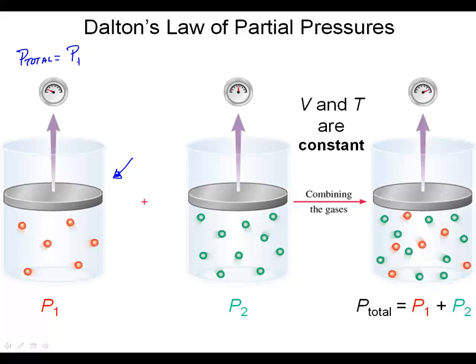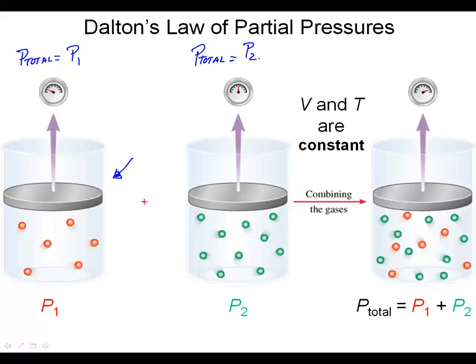Now, if we took the second container here and we wanted the total pressure, again, since the green guys that are flying around there are the only gases present, the total pressure would be equal to the second pressure there, or P2.